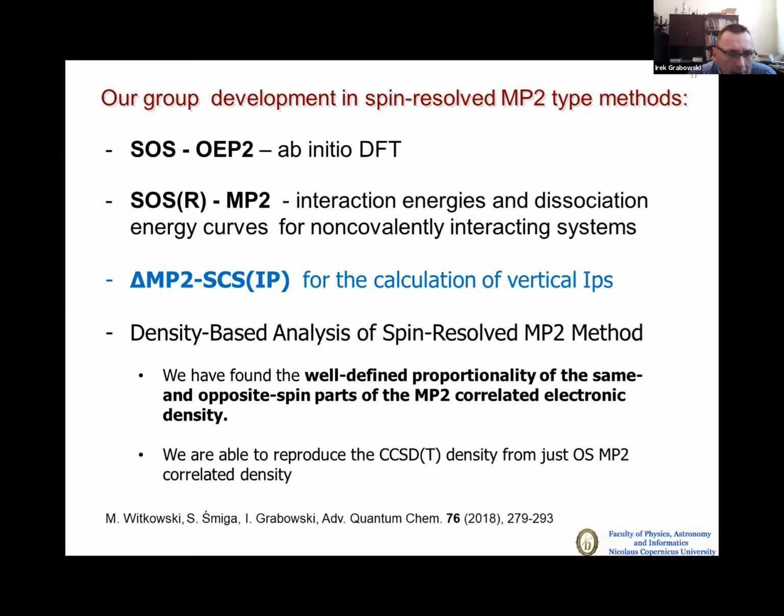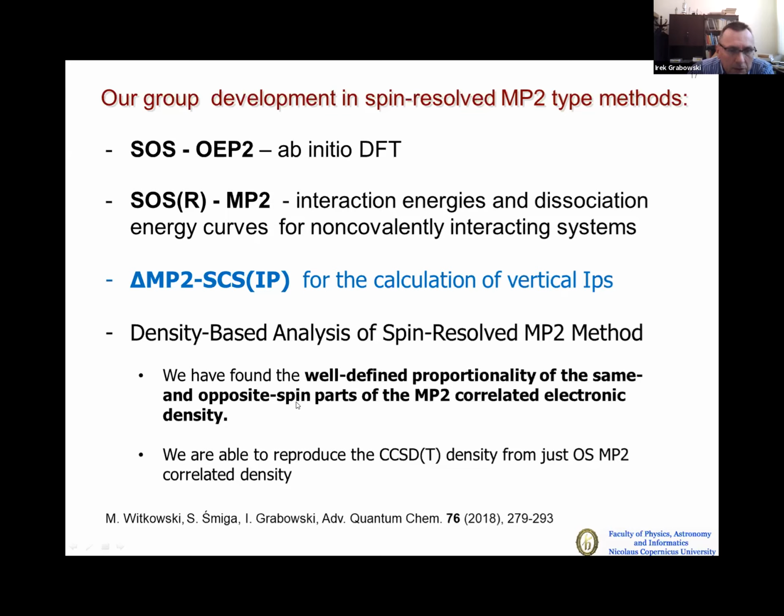We did some density based analysis of the spin resolved MP2 method, and I'm not going to show it, but we have found a well-defined proportionality of the same and opposite spin parts of the correlated electronic density, not just one number like in the case of energy, but the proportionality of the whole correlated electronic density.